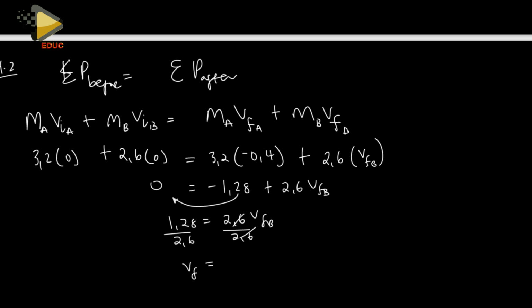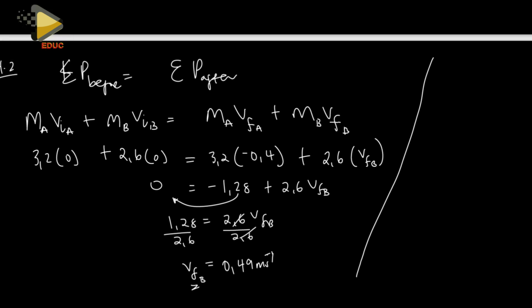So my final velocity of B becomes 0,49 meters per second. Okay. Now, having obtained the 0,49 meters per second, I have my final velocity. Then I can go down and determine my displacement.